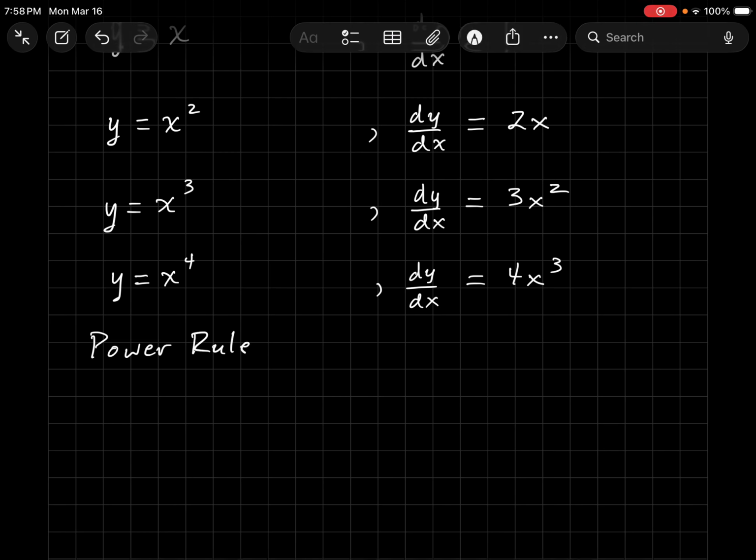The power rule is for derivatives of y equals x to the n, where n is a number. To find its derivative, we do the following. We bring that power down in front and multiply it, and we subtract 1 to get the new power. That is called the power rule for derivatives.